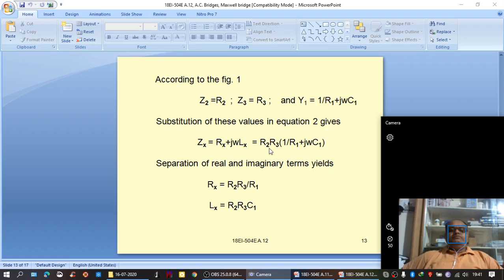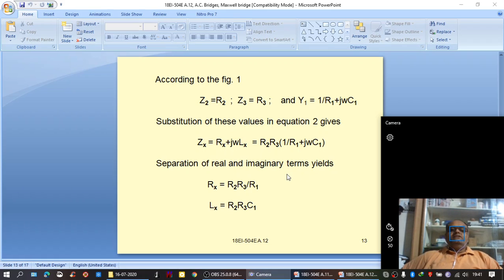Now here let me separate the two components, that is real and imaginary components, in the expression for Zx. So Rx plus j omega Lx can be written as R2 R3 by R1 plus j omega R2 R3 C1.